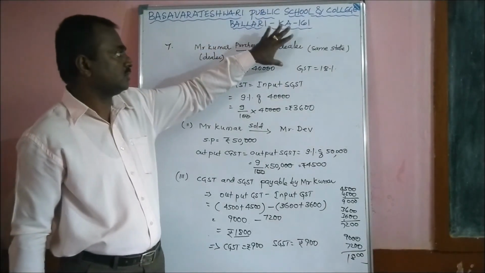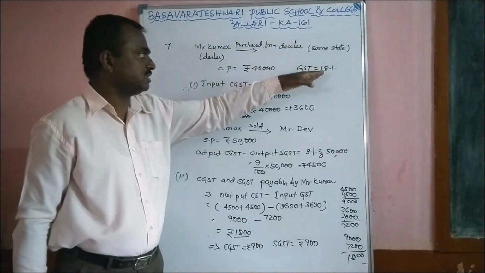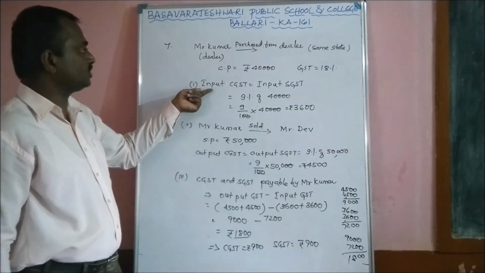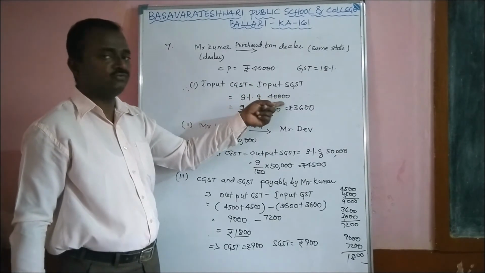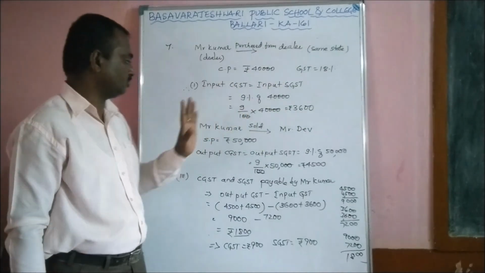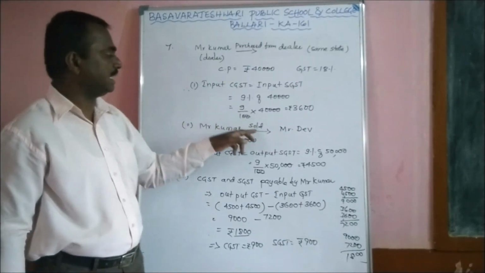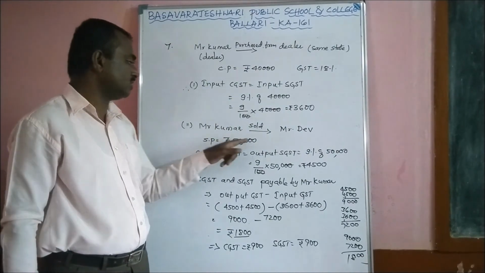So first what we did, Kumar purchased goods from the dealer. CP is this much, GST is 18%. So what is input CGST and input SGST? Both are equal, that is 9% of 40,000, which is 3,600 rupees. Now Mr. Kumar sold the goods to Mr. Dev. SP is 50,000 rupees.